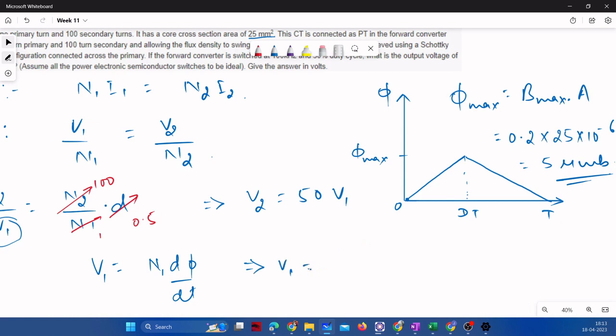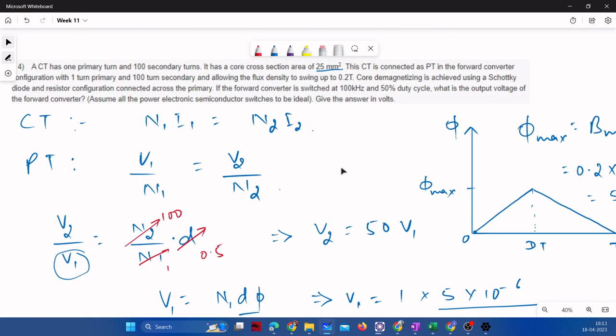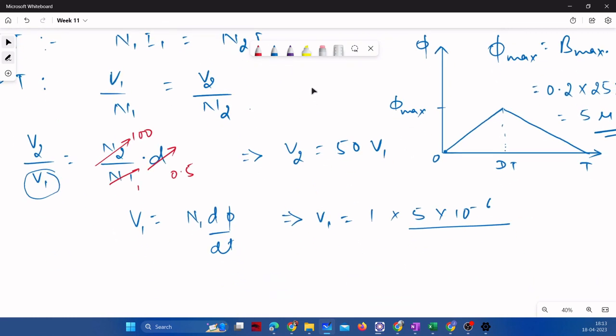N1 is 1, given in the problem. The change in flux is 5 microweber and it is changing in a time period of 50% duty cycle, so 0.5 into T, which is nothing but the inverse of f.